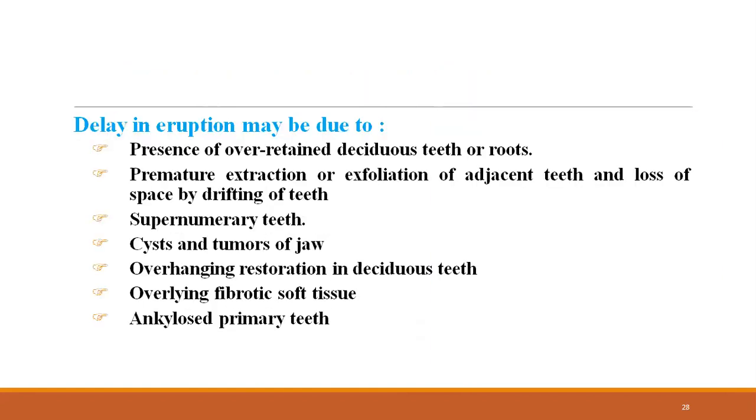Delay in eruption may be due to over-retained deciduous teeth or roots, premature extraction or exfoliation of adjacent teeth, and loss of space by drifting of teeth. Others are supernumerary teeth, cysts and tumors of the jaws, overhanging restorations in deciduous teeth, overlying fibrous soft tissue, and ankylosed primary teeth.